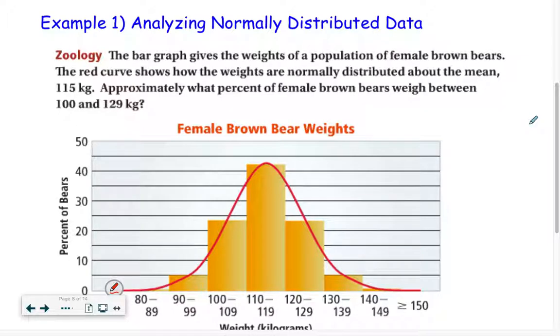Okay, first thing we're going to do, when you have a bar chart, I just like to write down the percents of that bar chart. So you see on the left-hand side, it says the percent of our bears, and then each one represents what their weight is. So I like to go through and write down percents so I don't have to keep guessing every time. Like this tail right here, we'll say that's 1%. The next one, we'll call that 5%.